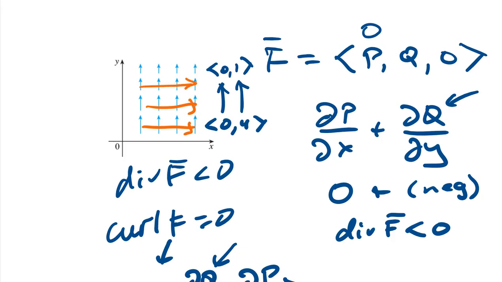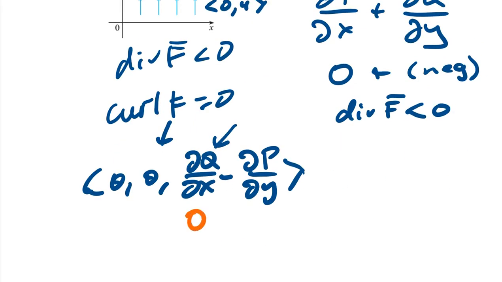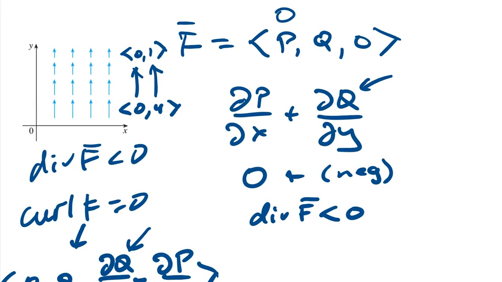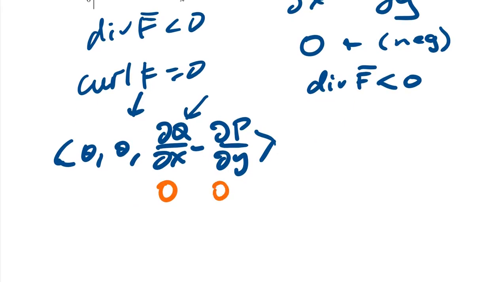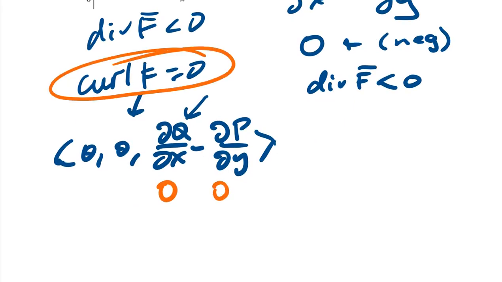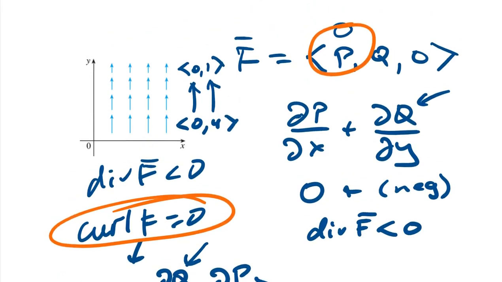These vectors are all the same height as we go in the x direction. So that'll be 0. And we saw that p was 0 in this case. Remember, p was 0. None of these vectors are sideways at all. None of them are diagonal. They're only straight up and down. So that's just 0 as well. So also the curl is 0. Curl of f is 0.